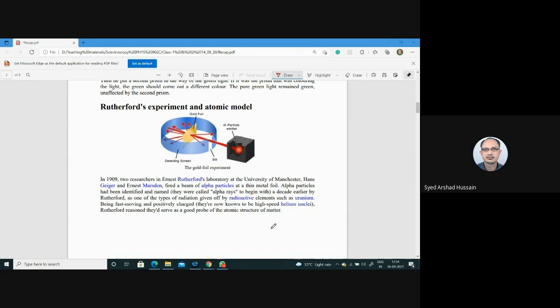These two scientists did experiments where they allowed alpha particles, which were already known at that time, to fall on a thin metal foil.